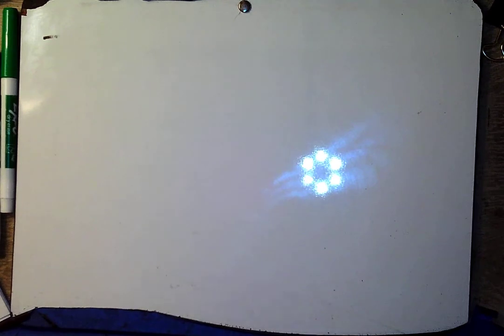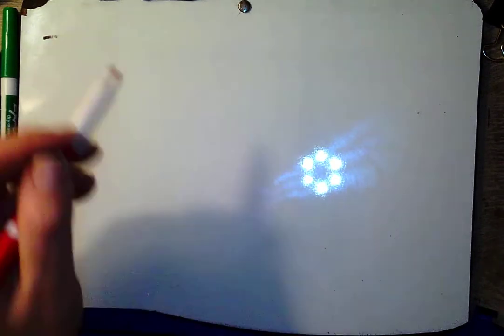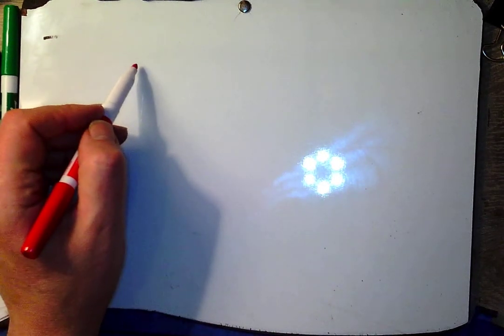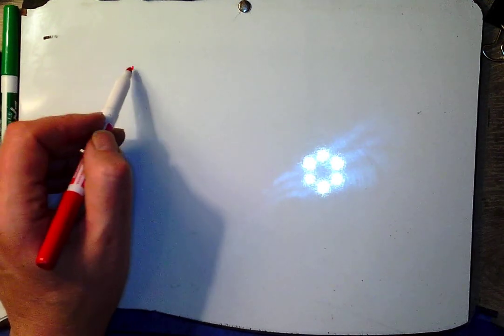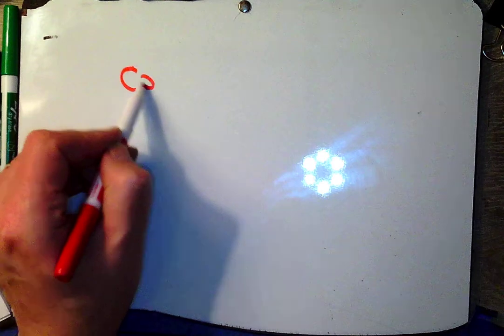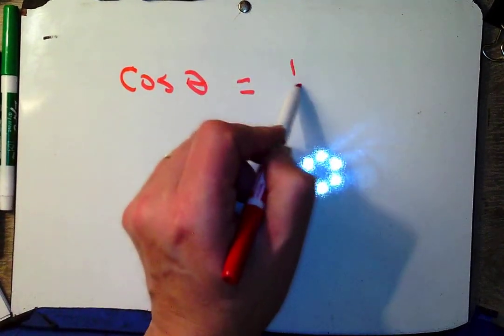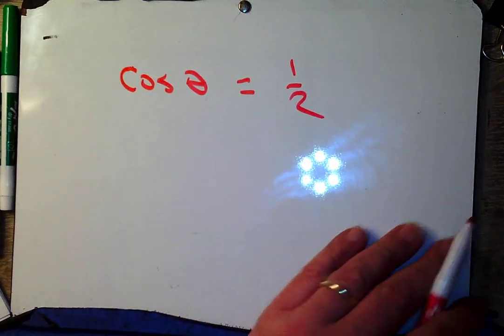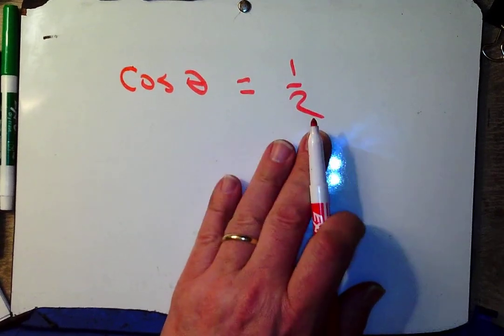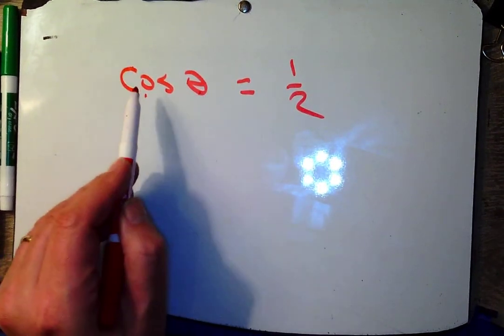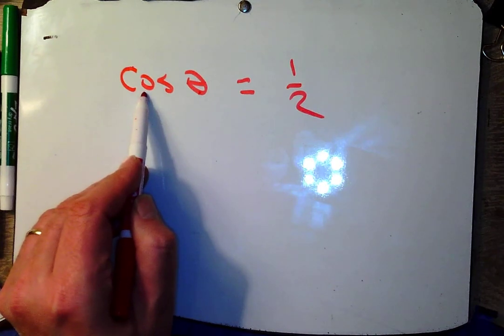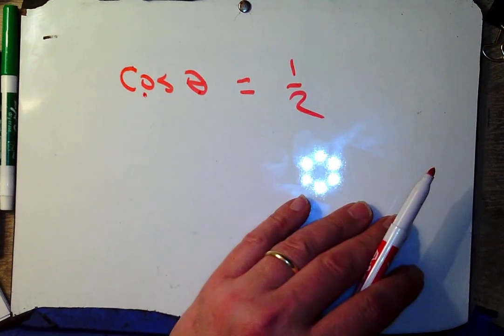Well, how about this? If someone tells me that the cosine of theta is 1/2, this is something I know on my unit circle. For what angle is the x coordinate on the unit circle equal to 1/2?